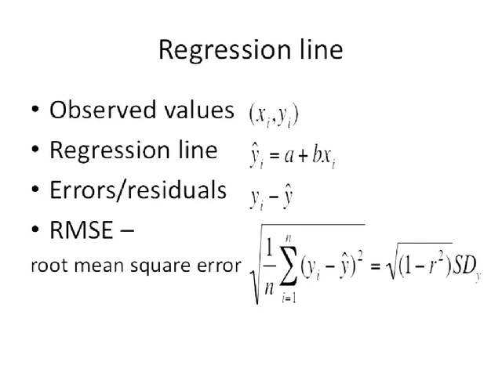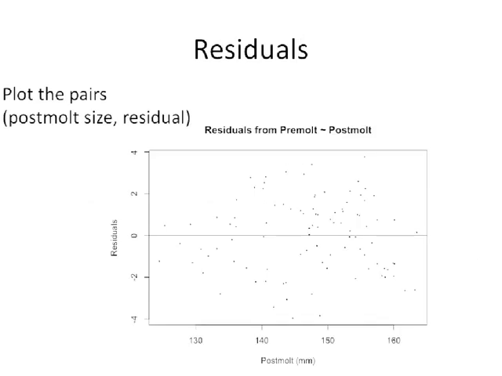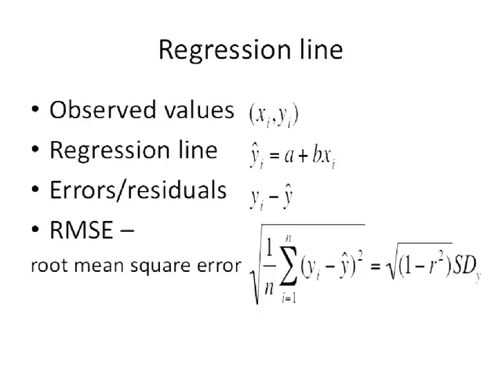And if you do the calculations, you can see that that is, in fact, the square root of 1 minus r squared times the SD of y. So that's saying that the errors associated with using the line, the deviations from using the line, are much smaller than the actual deviations in pre-molt size, because our correlation is really high between pre-molt and post-molt size. If we take 1 minus r squared, we get about 0.4 for the square root.